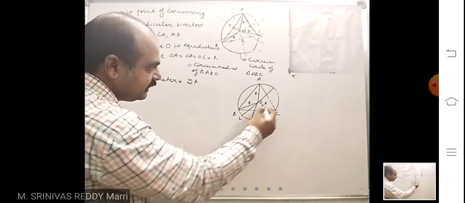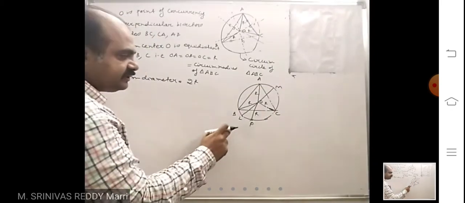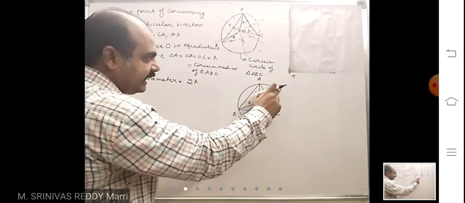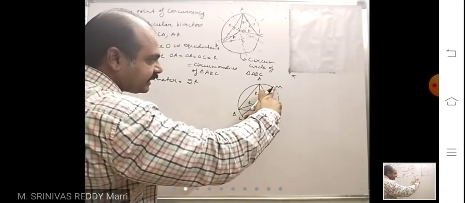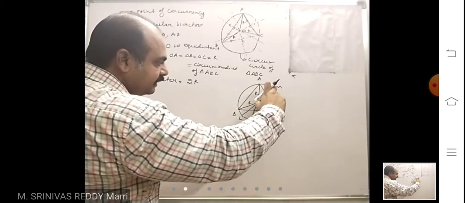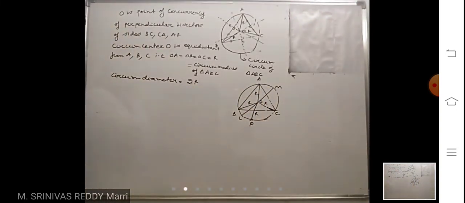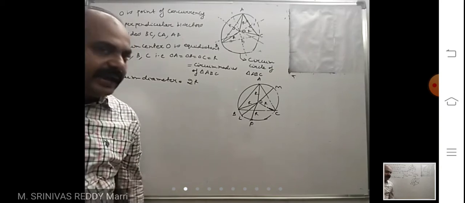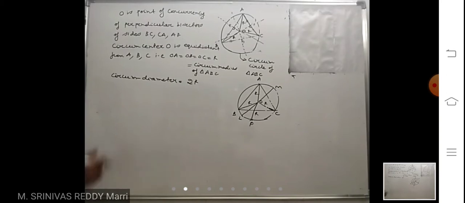Let us say this is L and this is M. If a line passing through the center intersects at L and M, this length LM is called the circumdiameter. OM is the radius and OL is the radius. Twice the radius is called the circumdiameter. Whenever you need the circumdiameter, twice the circumradius is the circumdiameter. So that is about the circumcircle. Next.